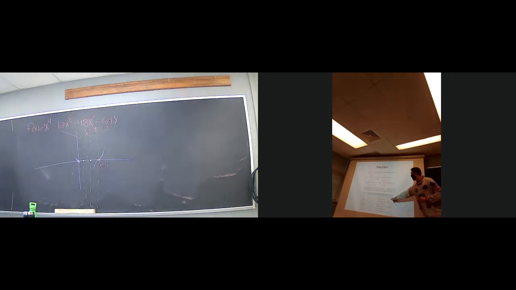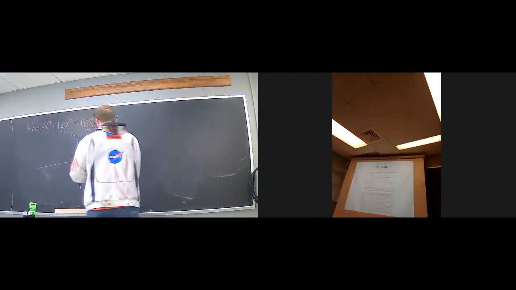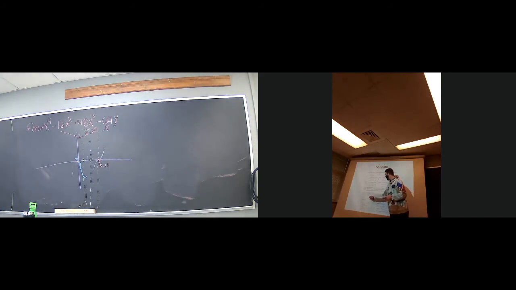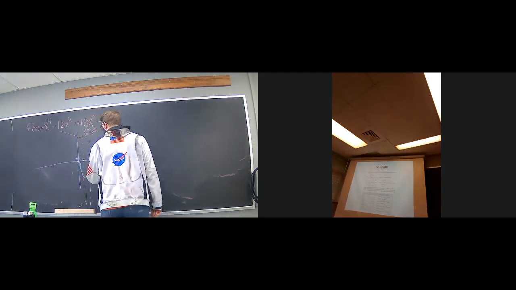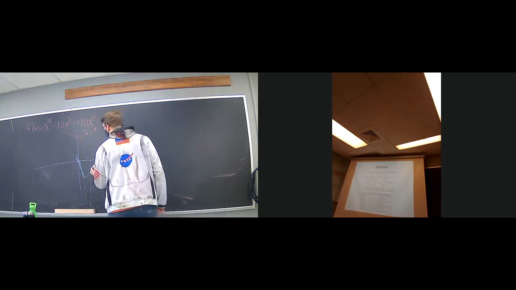We also know we have a relative min at 1. So calculating our function, when x is equal to 1, we get negative 27. That's going to need to be somewhere way down here. At 2, we got an inflection point, so let's go ahead and calculate what our function is there. That's negative 16. It's going to be somewhere over here. So our function is going to look something weird like this.